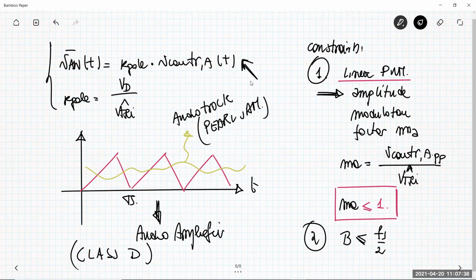It seems strange to use something which is not linear in its operating principle to generate something which is basically a linear amplifier, but it can be done. The class D audio amplifier is exactly made in this way.